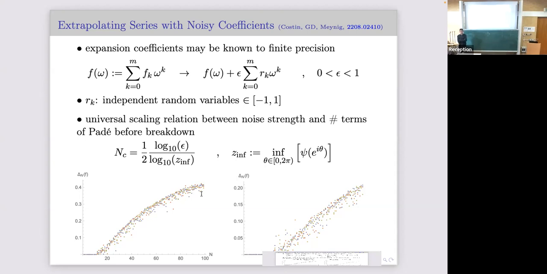Adapt that to different cases. Yeah, right. Depending on the depth of continuation, you have a different relation between the noise level and the number of expansion coefficients or frequencies, so to speak.